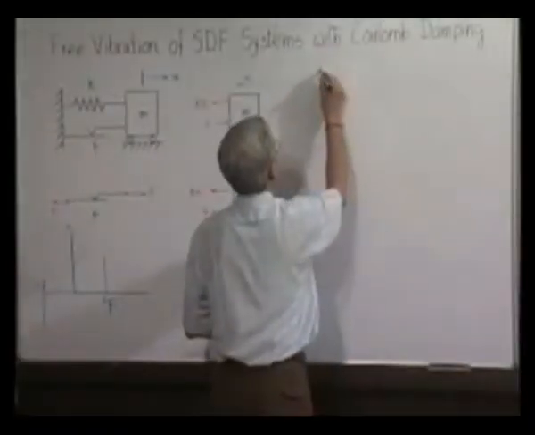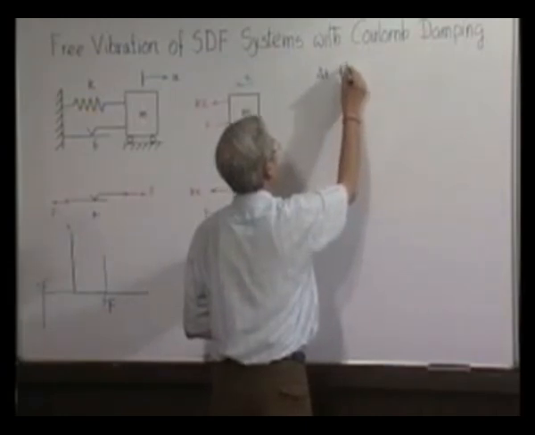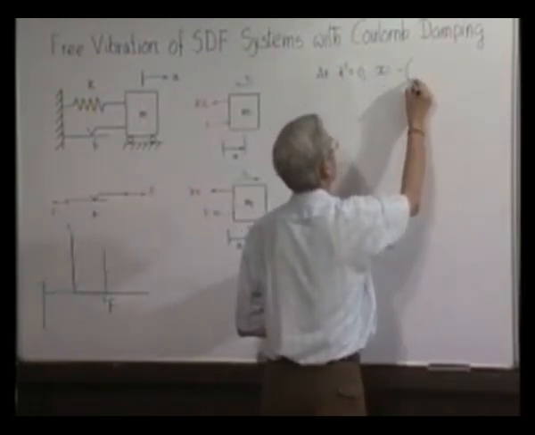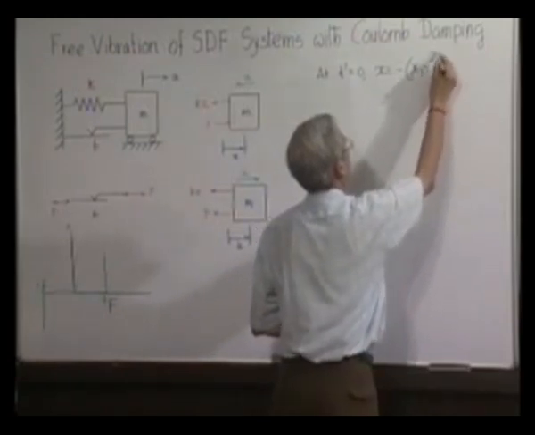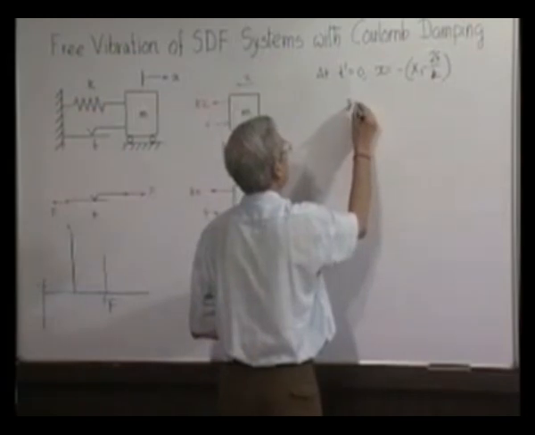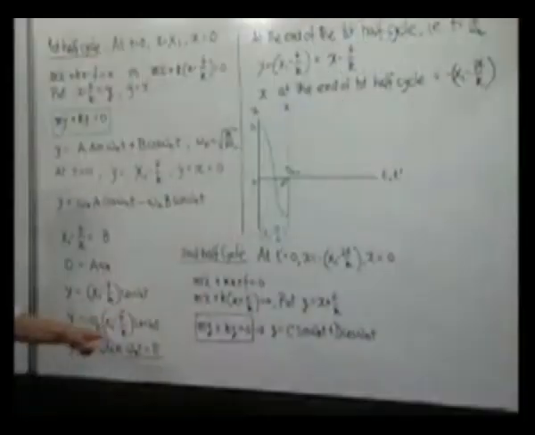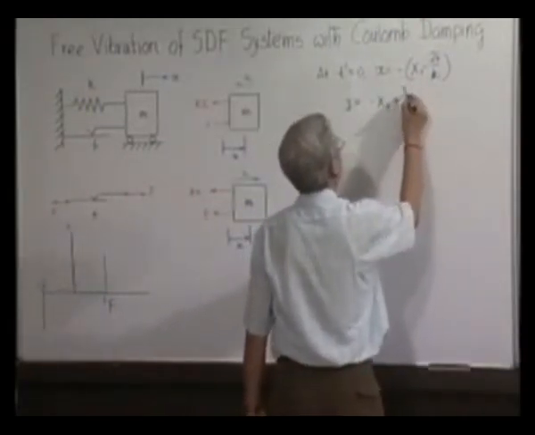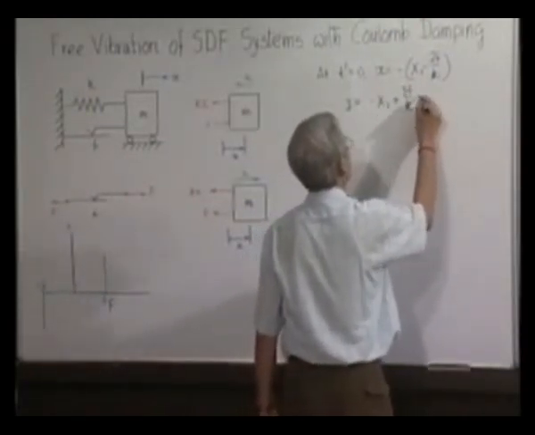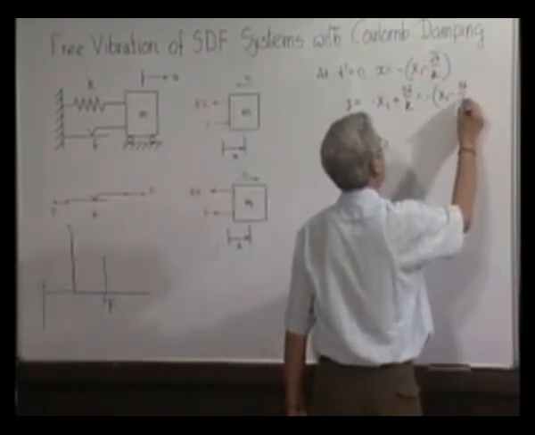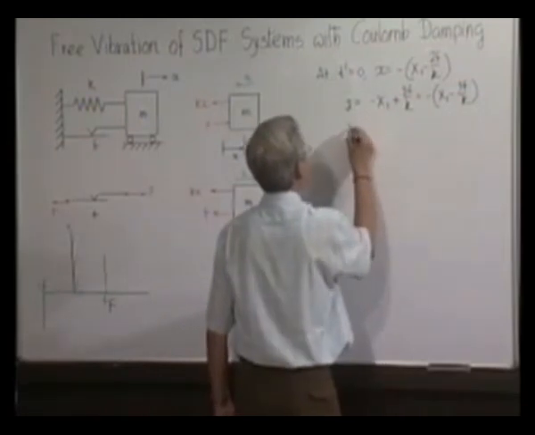At t prime equal to 0, z equal to x plus f by k. If we do it, it will be minus x1 plus 3f by k, that is minus x1 minus 3f by k, and z dot is 0.